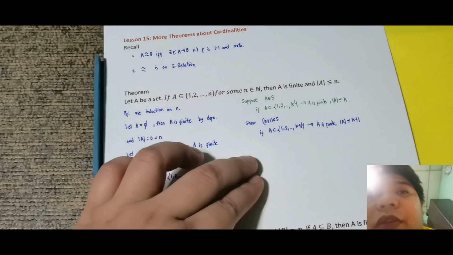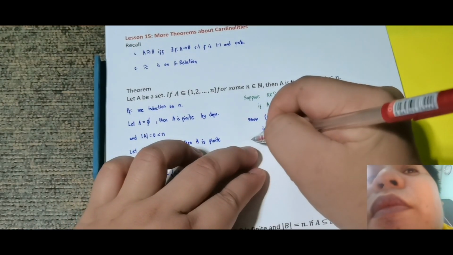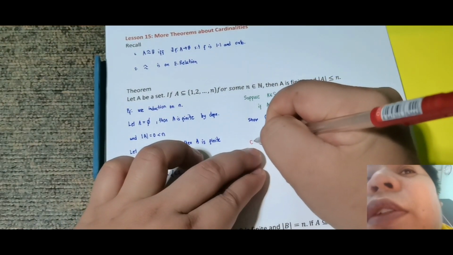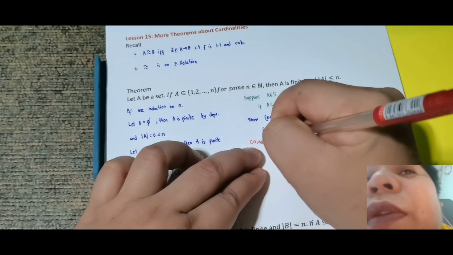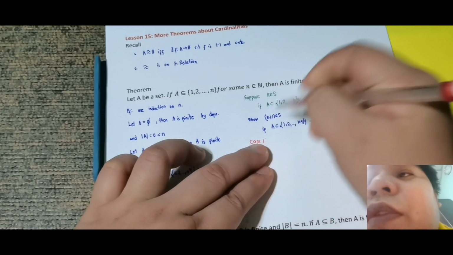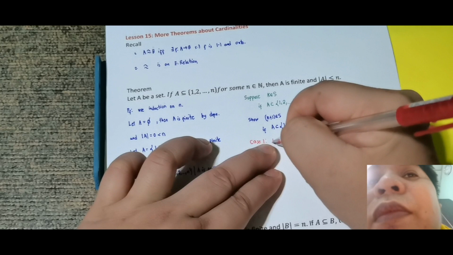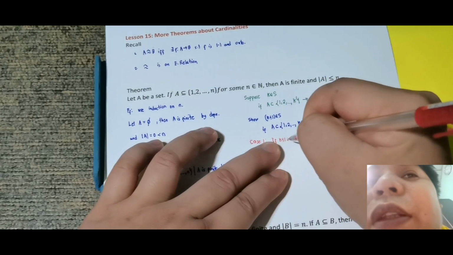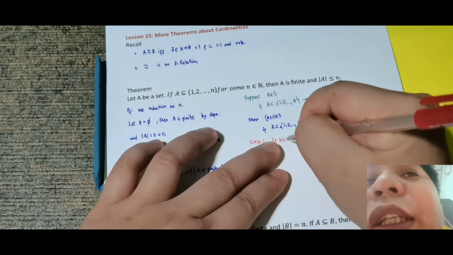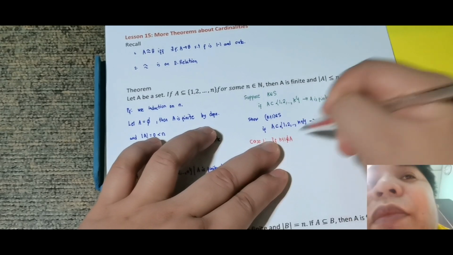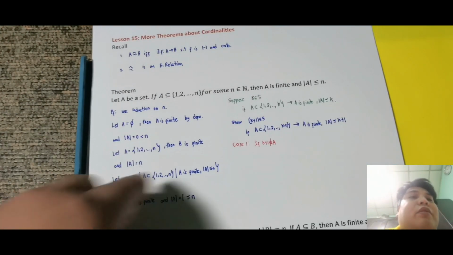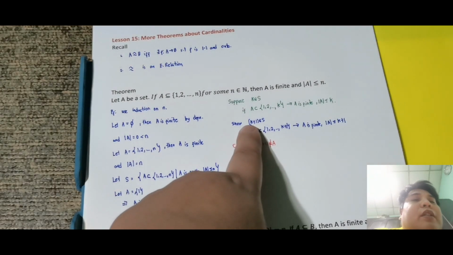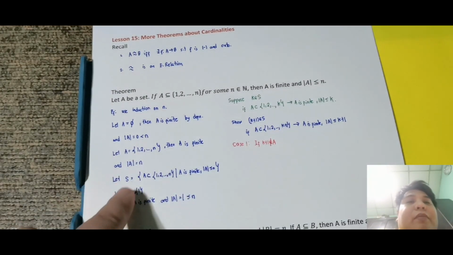So case 1. For case 1, if k plus 1 is not an element of A. Yun yung unang tanong. So tingnan nyo, una, di ba? k plus 1 is an element of S, meaning pasok siya dyan.